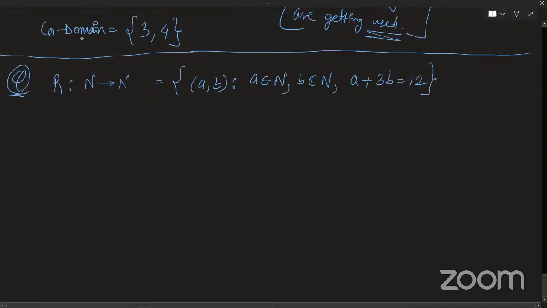First of all, find R, find domain, range, and codomain.